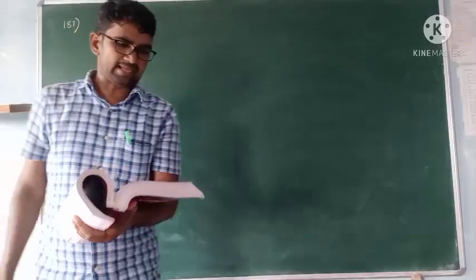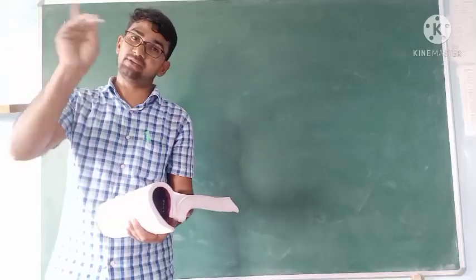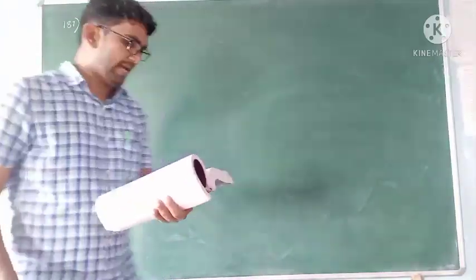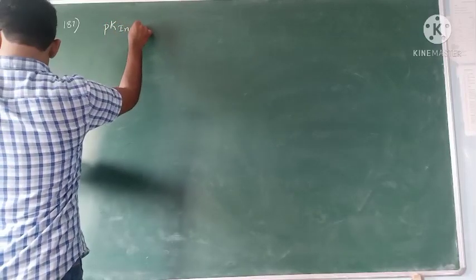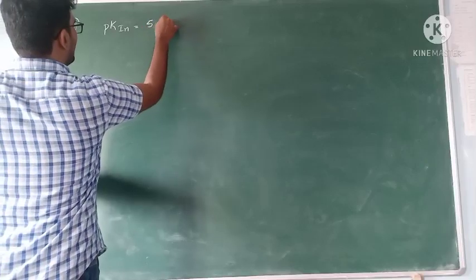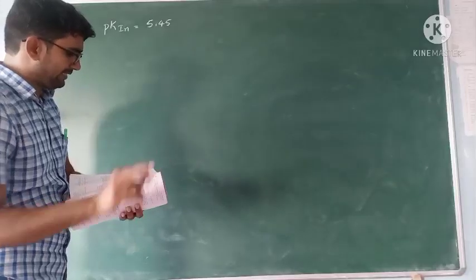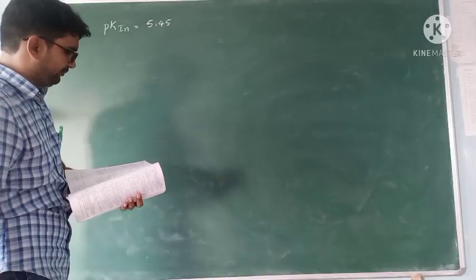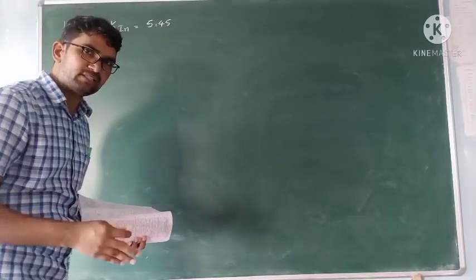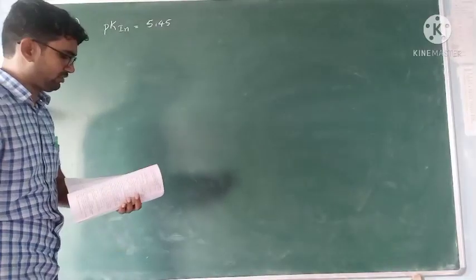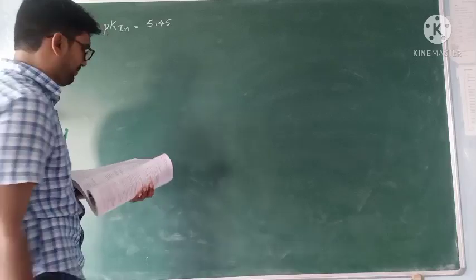187. An acid-base indicator which is a weak acid is given, and its pKin value is given, that is 5.45. At what concentration ratio of sodium acetate to acetic acid would the indicator show a color halfway between those of its acid and conjugate base form?